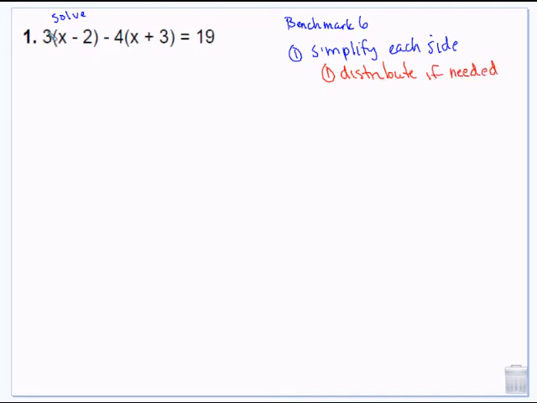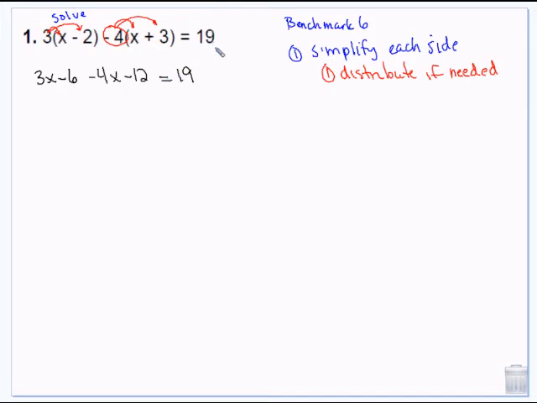Okay, so I'm going to distribute this 3 and this negative 4. Don't forget that that negative has to hang out with the 4, so it stays together. So that's going to give me 3x minus 6, and then negative 4x minus 12 equals 19. Didn't do anything to the 19 because I can't.